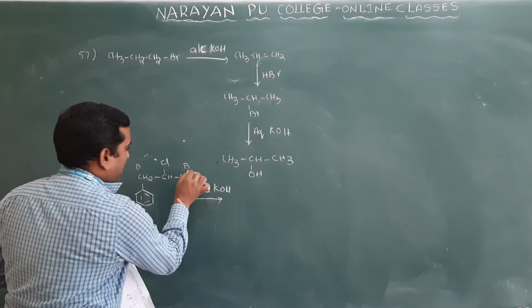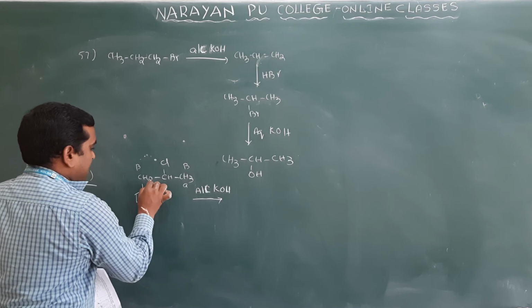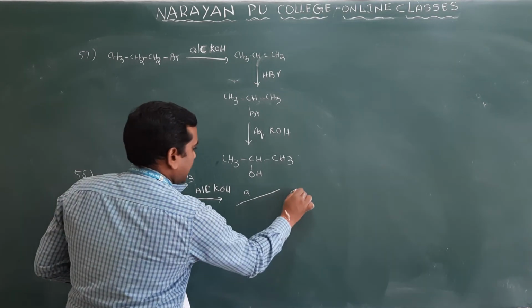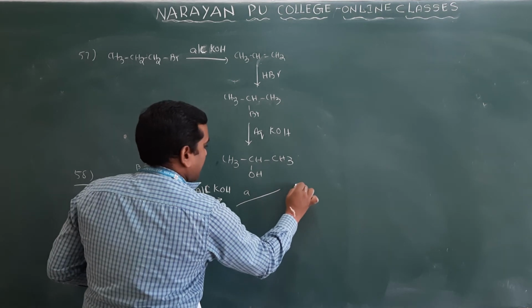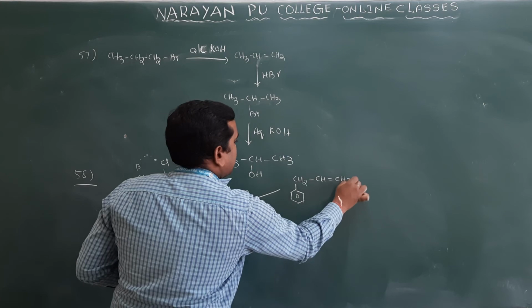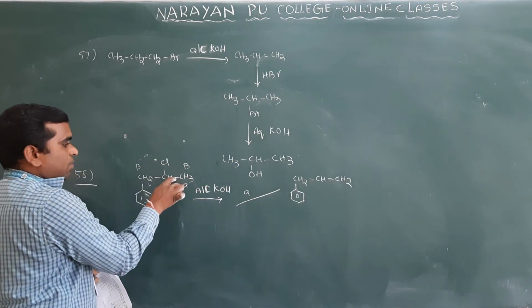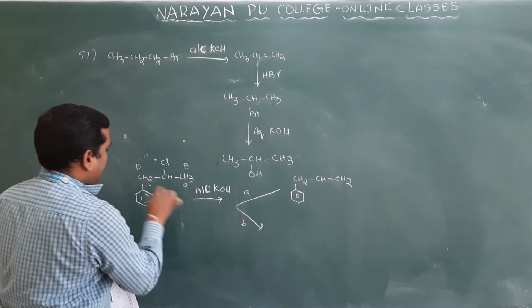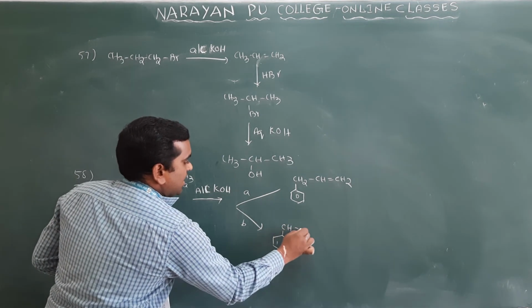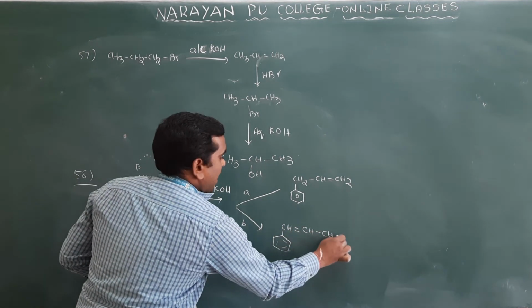So I will write both the products. If this is A and this is B. Suppose we remove the A hydrogen, then you will get the compound phenyl CH2CH=CH2, where one hydrogen and one chlorine are removed and the double bond forms here. If I remove the B hydrogen, then I will get phenyl CH=CH CH3.